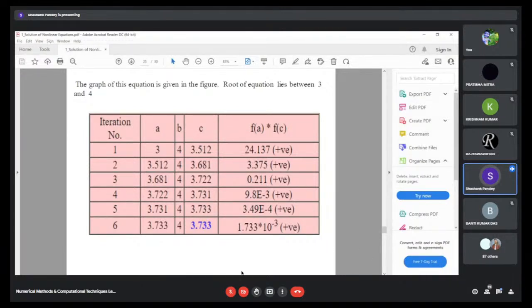Work on this problem if you are not able to solve it here. This is up to the sixth iteration, and many of you in fact gave the correct answer.